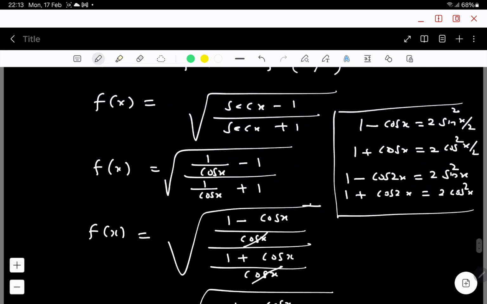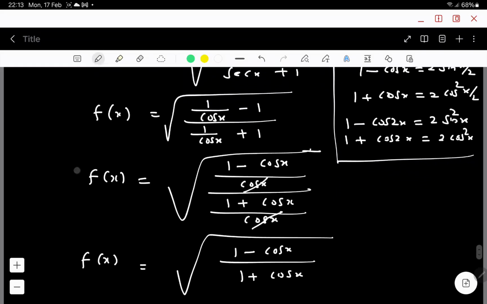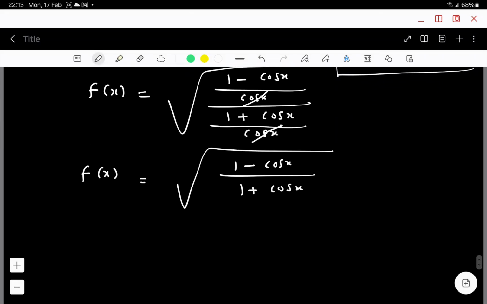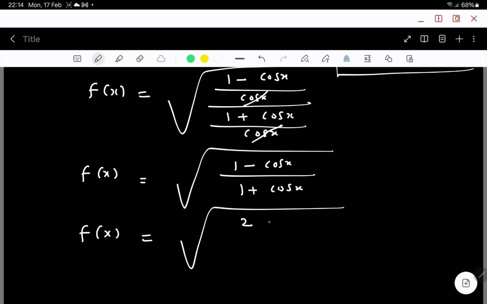Now use this formula: 1 minus cos x is 2 sin square x by 2, 1 plus cos x is 2 cos square x by 2. So f of x equal to square root of 2 sin square x by 2 divided by 2 cos square x by 2. These 2 cancel.